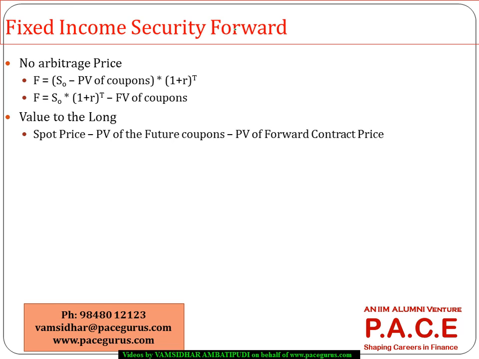Then, as I said earlier, when I have to look at fixed income security forward, treat it as equal to equity forward contract, where the dividend in the equity, you can look at it on the same lines as coupon in case of a bond. Rest all will remain the same, right?